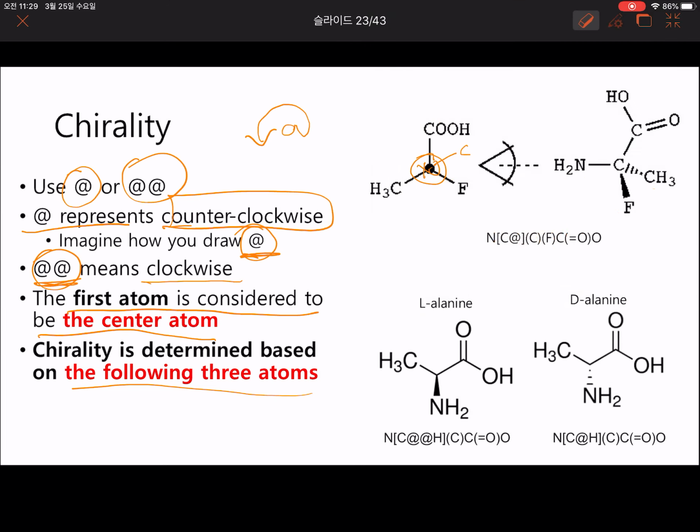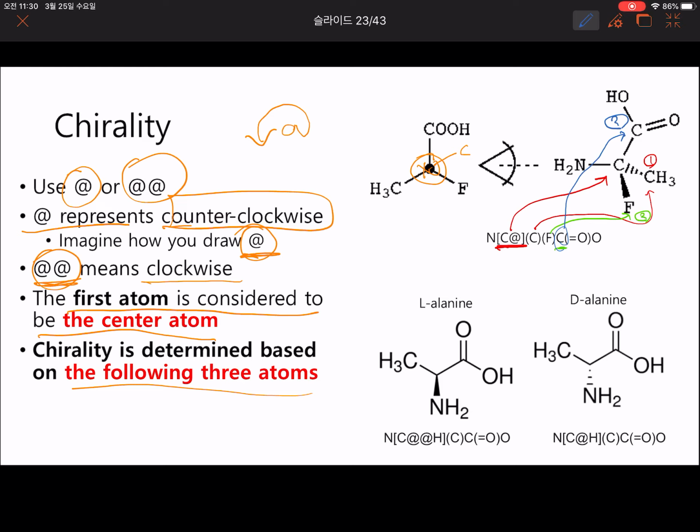So, okay, let's take a look again. This one is the chiral center of this molecule, right? And this carbon corresponds to this one, so this one becomes the first one. And this fluorine becomes the second one. And this carbon corresponds to this one, and this becomes the third.